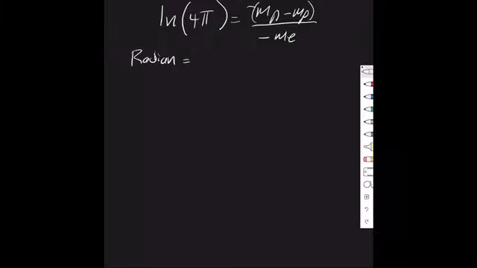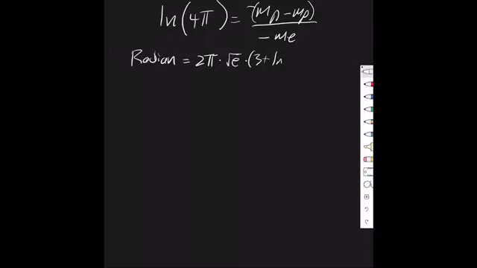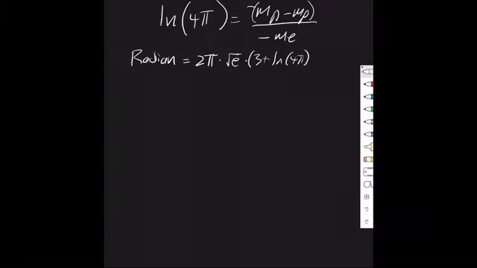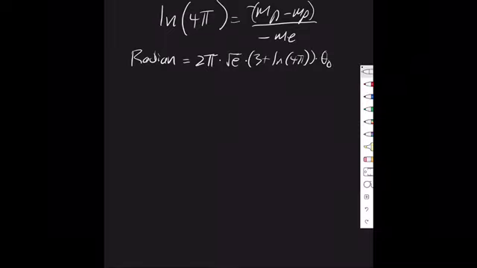Forgive my handwriting here, but I'll explain every little scribble I'm doing. 2 pi times the square root of natural log. Now theta naught just means it's a degree.